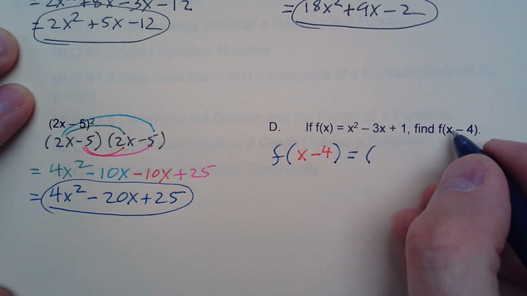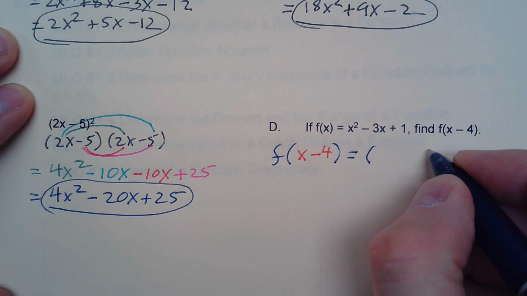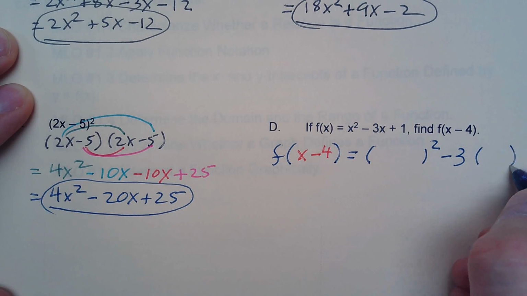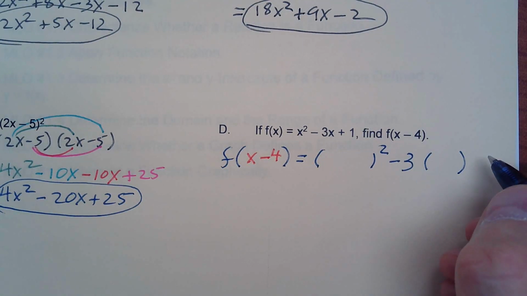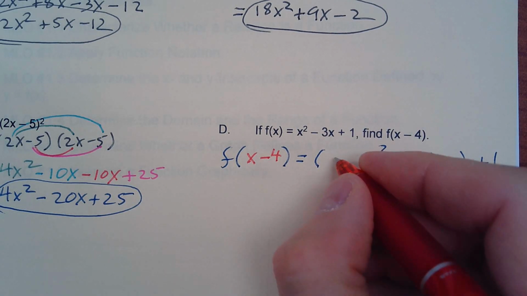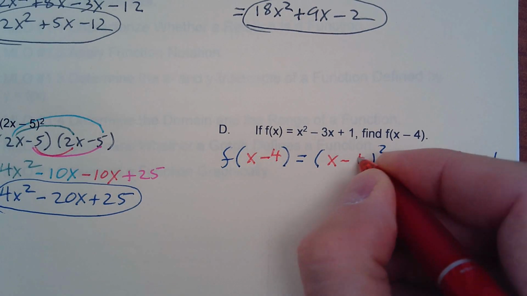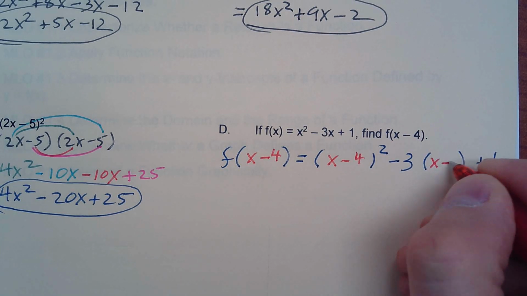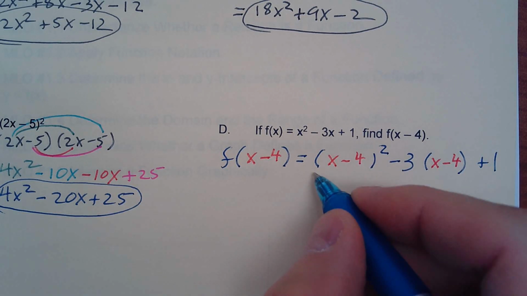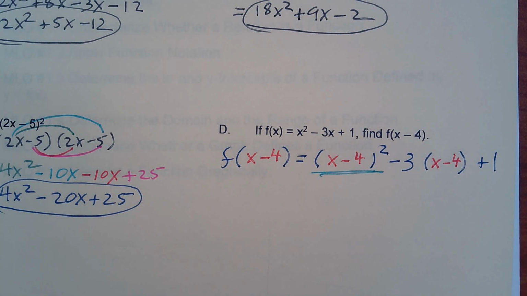So whatever I have in here, I'm going to be squaring it, taking 3 times that thing, and then plus 1. So I have an x minus 4 here. I have an x minus 4 quantity squared, so I'm going to need to square that out. I need to work that out first.